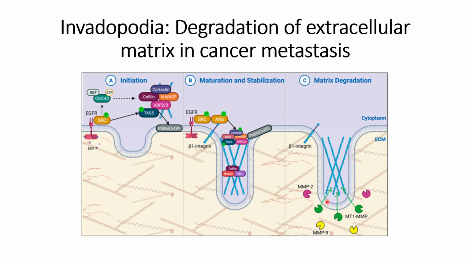How matrix metalloproteases degrade the extracellular matrix is a complex topic, as different MMPs play different roles, or work in their own way to help the tumor cells in migration or metastasis.